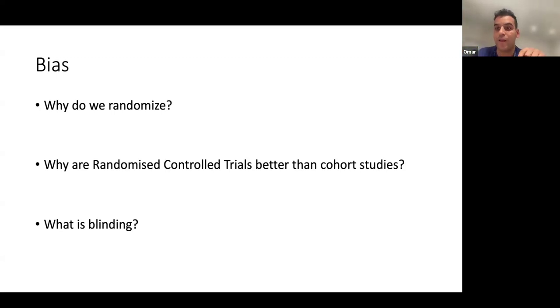Now, allocation bias is looking at what the treatment is to each group, your allocation to each treatment. A good example is you're designing a trial where I'm only going to look at patients who have been diagnosed with knee osteoarthritis by one consultant in this area. Now there's an element of selection bias.